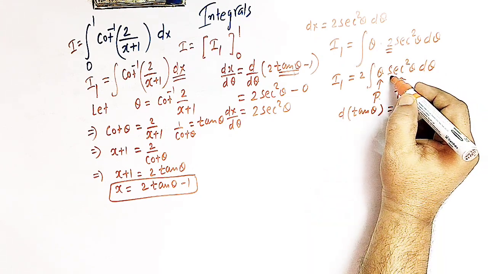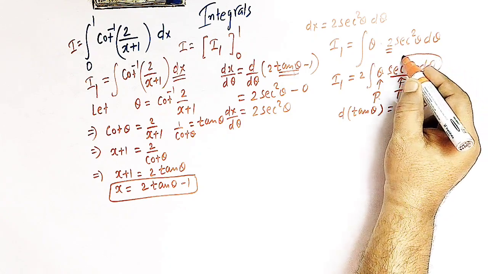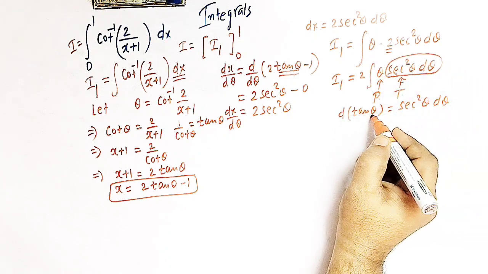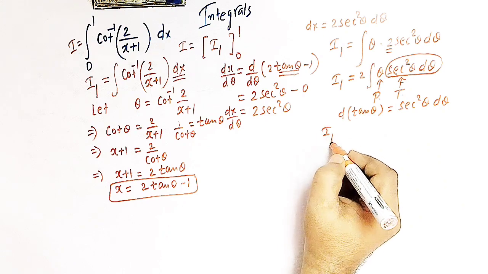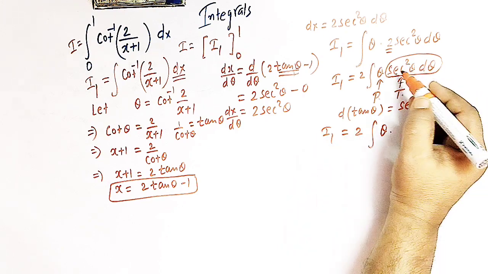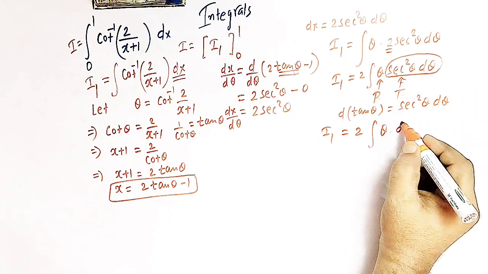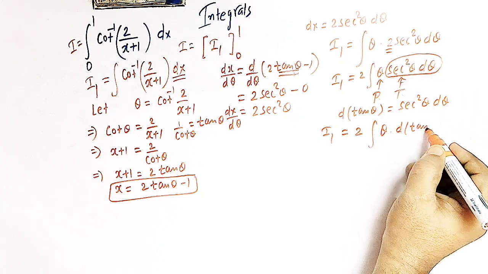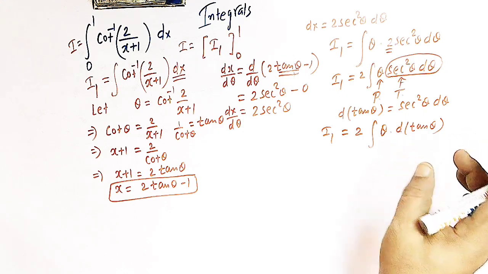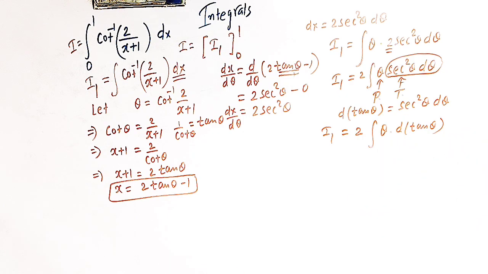So we can replace secant square theta d theta by the derivative of tan theta. So we can now write I1 is equal to 2 times theta, and here we can write d of tan theta, so that we can apply the method of integration by parts.